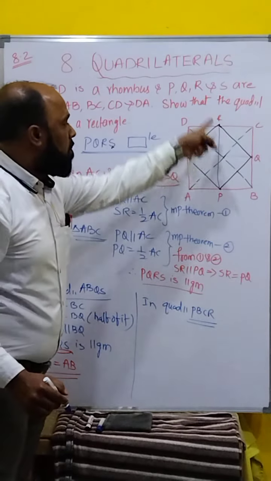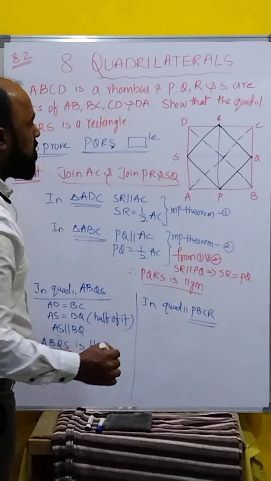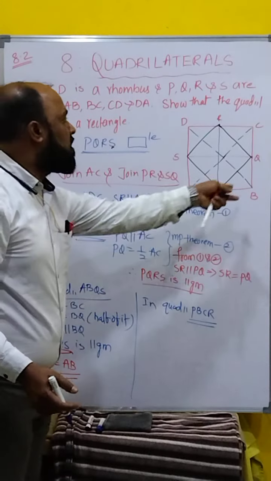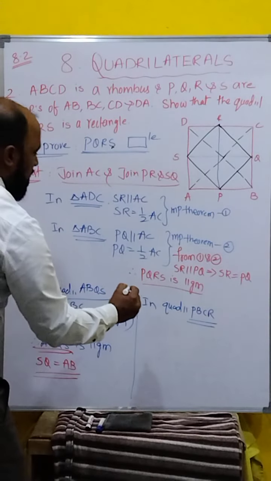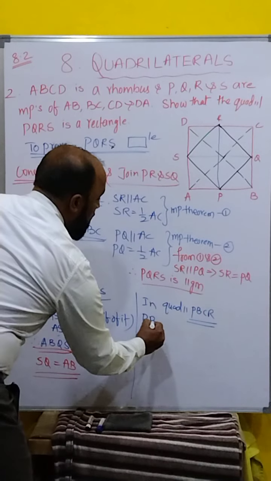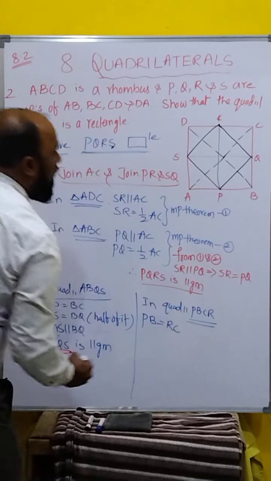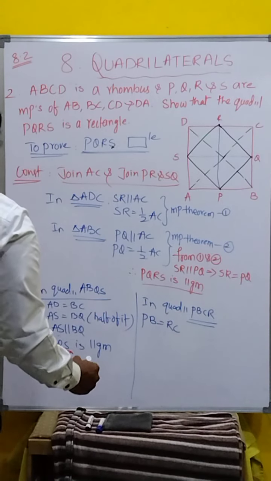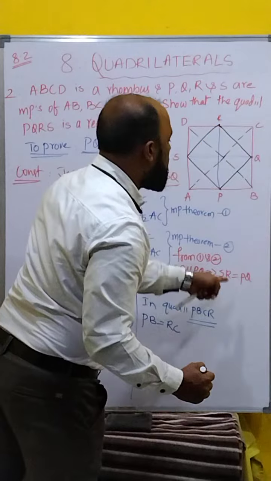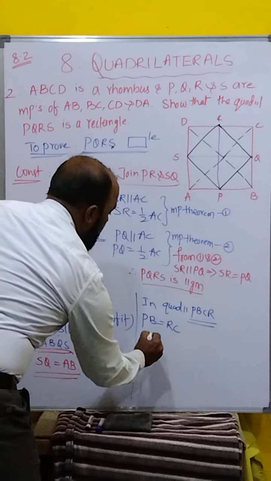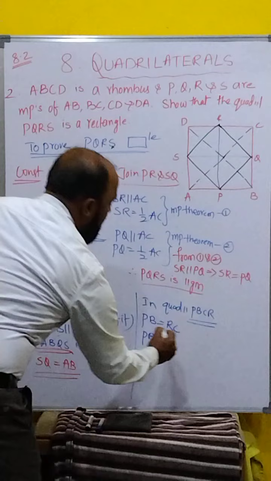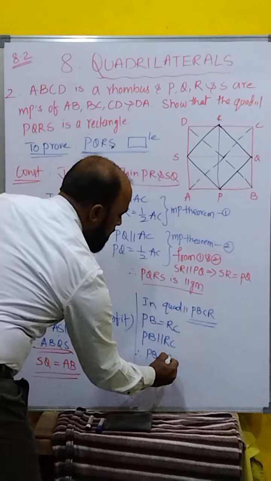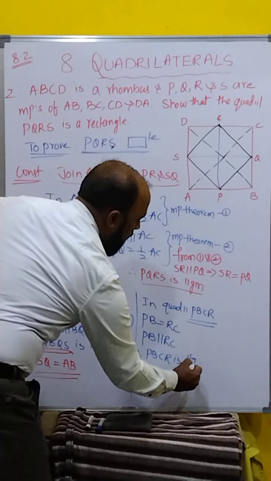We have to prove PB is equal to RC because we know AB is equal to DC, then half of it. PB is equal to RC. It is parallel also: PB is parallel to RC. Therefore PBCR is a parallelogram. Clear, children?